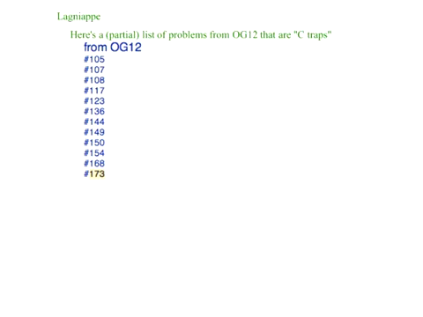This is taken from, what, 60 or so problems. Out of 60 problems in the OG12 here, there's 1, 2, 3, 4, 5, 6, 7, 8, 9, 10, 11, 12. That's fully 20% of all of those problems are C-traps.